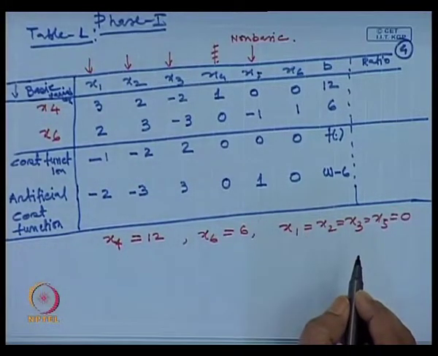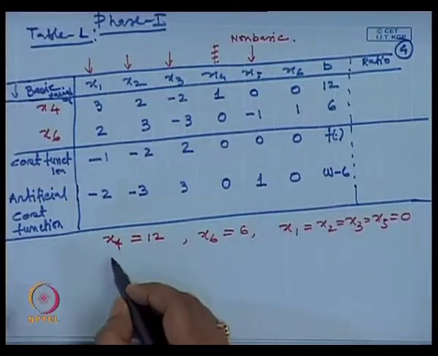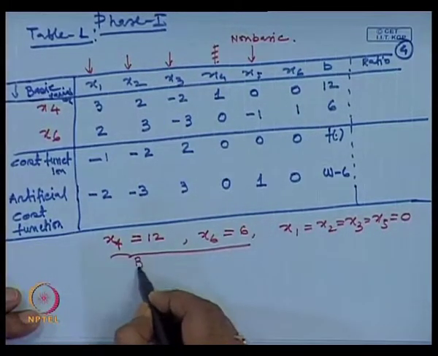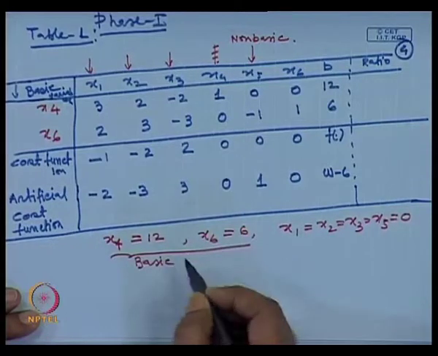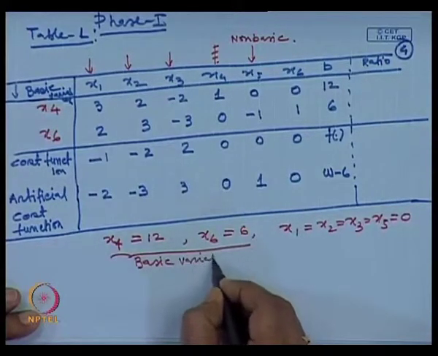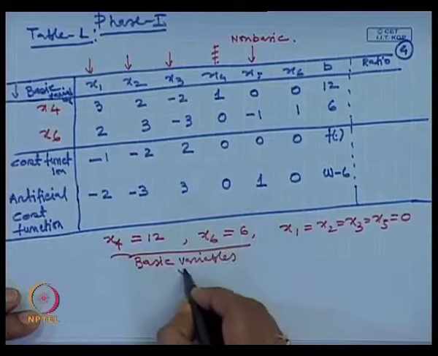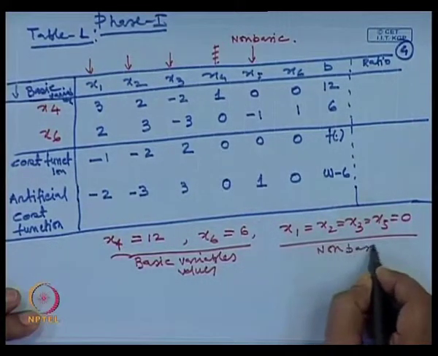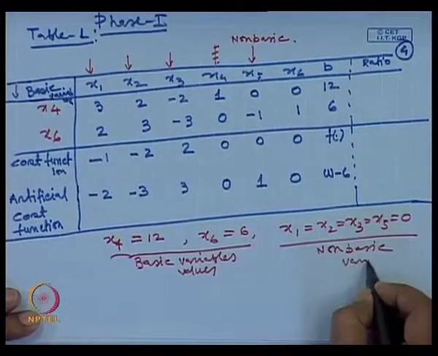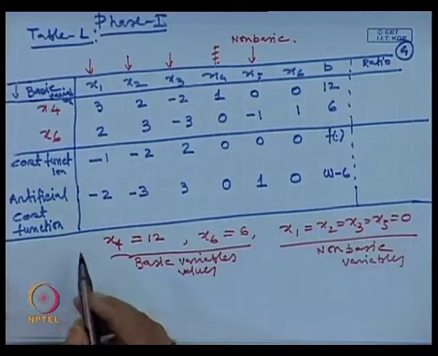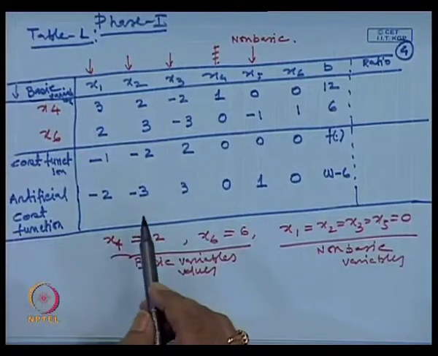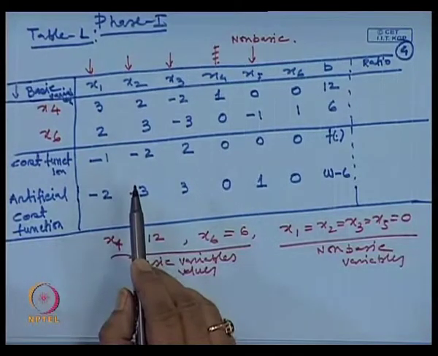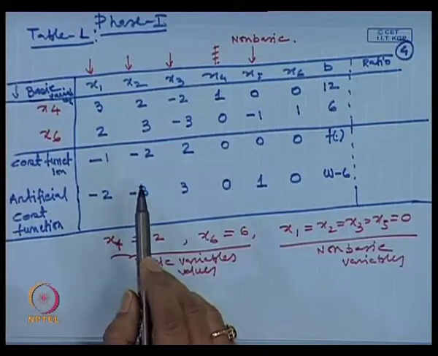Now, these are the basic variables' values, and this is the non basic variables. Agree. Now, which non basic variable will act as a basic variable, that you have to find out by choosing the pivot column and pivot row.